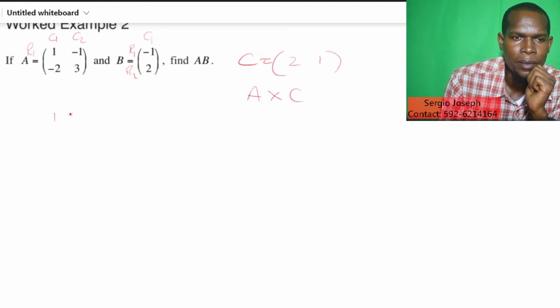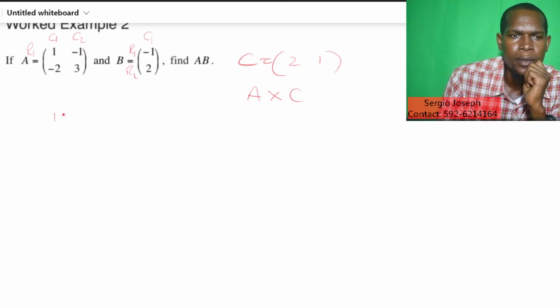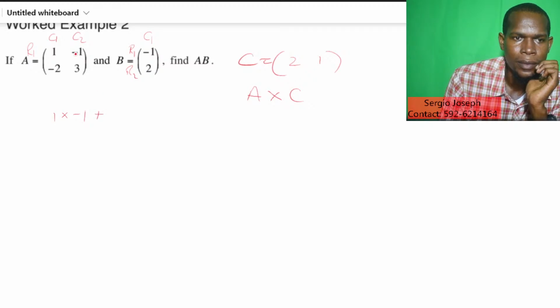We have 1 times minus 1, plus, next element, minus 1 times the second element, 2.